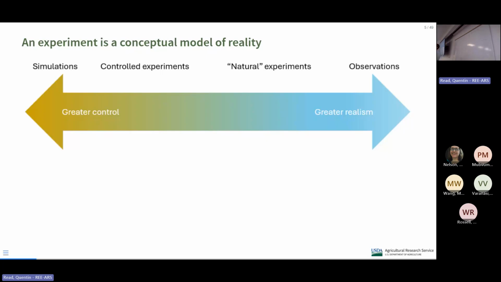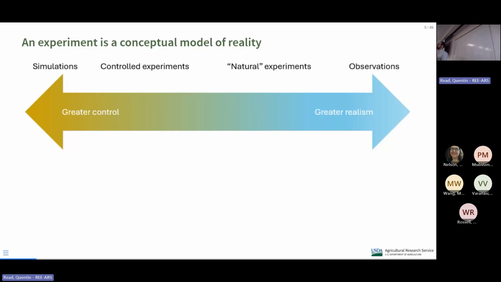So the ultimate control would be like a pure in silico computer simulation. You can exactly set variables and parameters in that simulation to exactly what you want them to be, but it is farther from the realism end of it, right? Because it's only a computer simulation. It's completely dependent on the assumptions that have been used to put that model together.